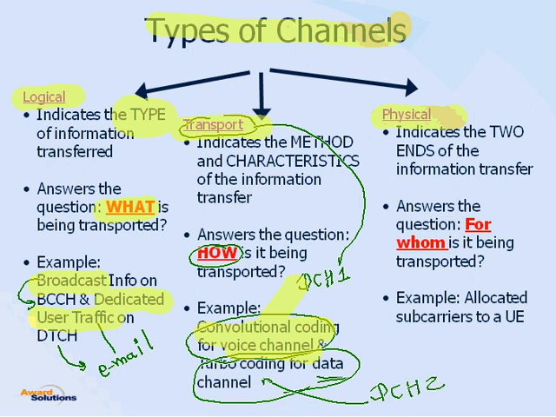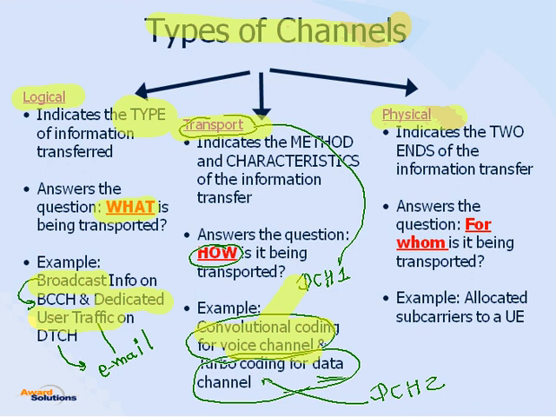So anytime you want to protect things differently, you want to have different characteristics of the transmitted channel, you need to have different transport channels. So in summary, transport channel tells us how we are sending information, how we are protecting the information. One dedicated channel with convolutional coding, another dedicated channel with turbo coding, those are 2 simple examples.